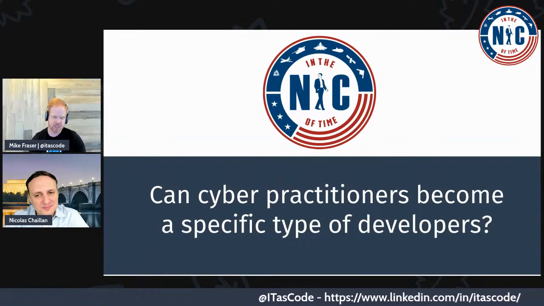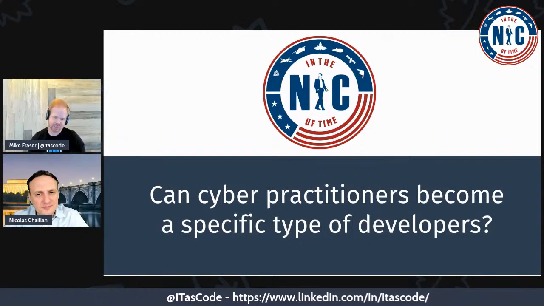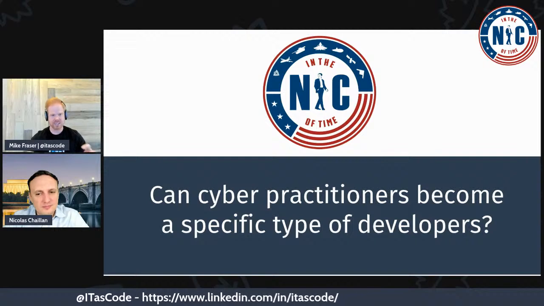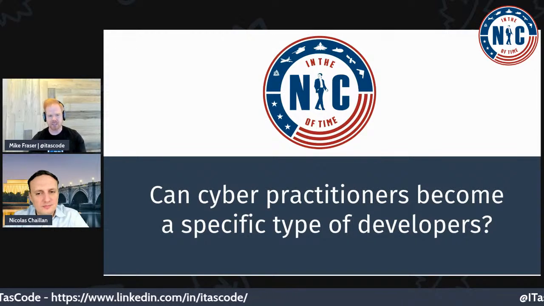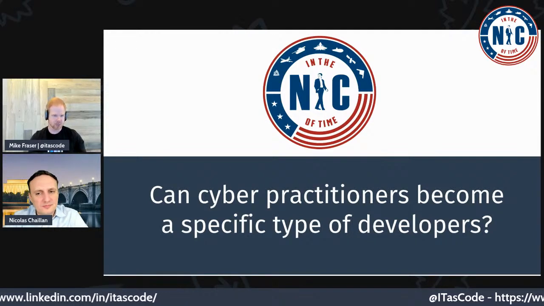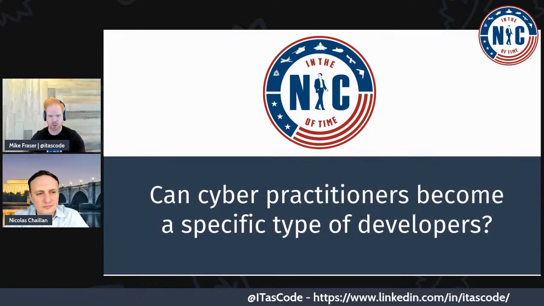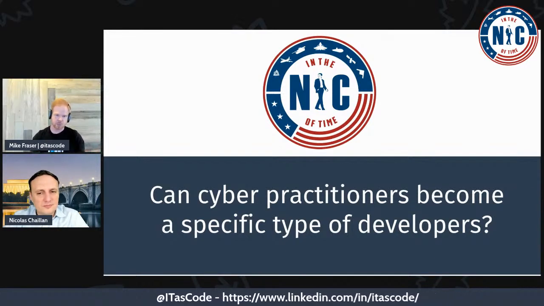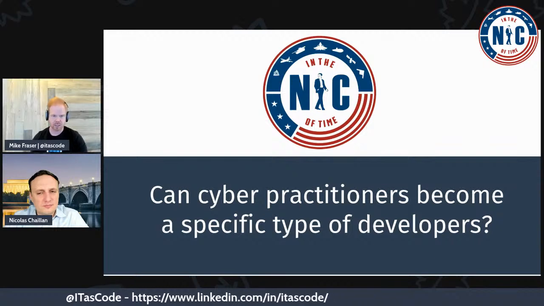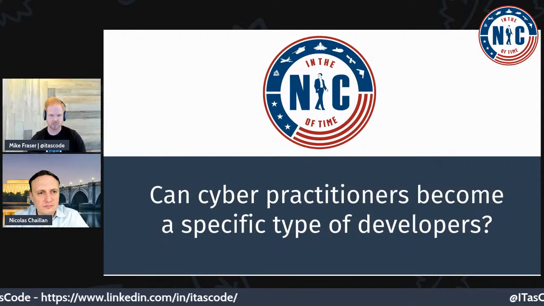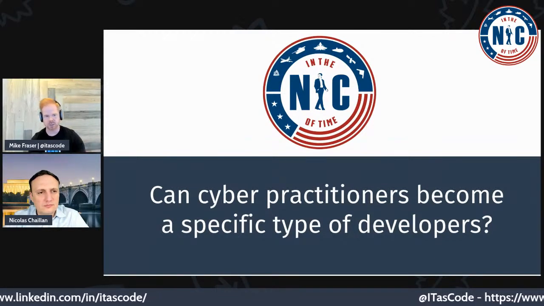So I think we can shift left, but it's going to take a culture shift inside of organizations to have these different teams working together. I also believe it's going to require technologies that can meet both of the teams where they're at, so we're not just expecting cybersecurity practitioners to now become DevOps engineers, or DevOps engineers to now have to include cybersecurity.